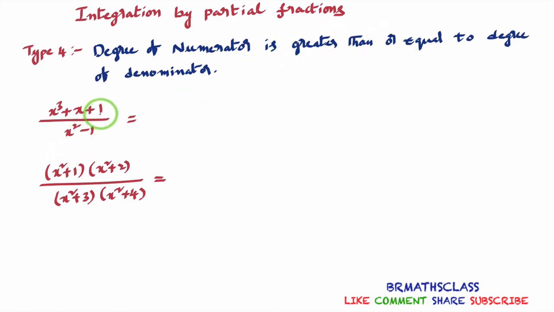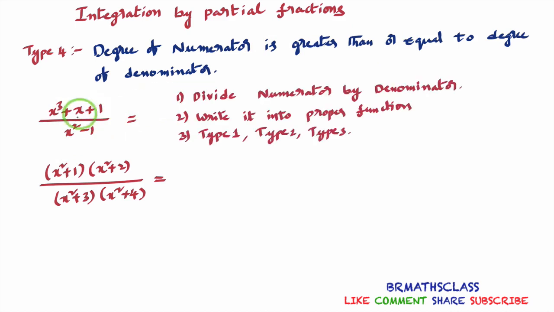In such a case, what do we do? We divide numerator by denominator. When you identify it is an improper function, we divide numerator by denominator. When we divide, then we will be in a position to write it as a proper function. What is a proper function? A proper function means degree of numerator is less than degree of denominator.